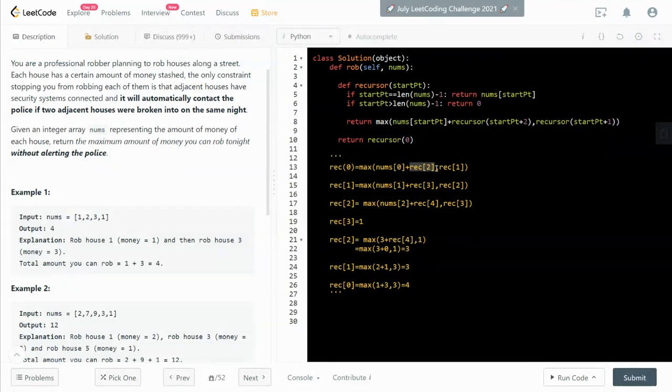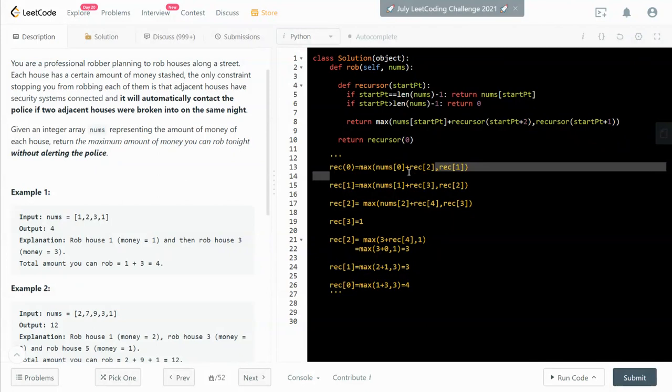Now we're asking ourselves what rec2 and rec1 are. Basically, rec2 means that we are looking at the problem from the second position, and rec1 means we are standing here and thinking about the problem from this position. rec1 is the maximum of nums1 plus rec3, and rec2; we just apply that formula.